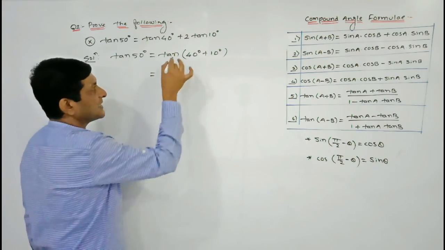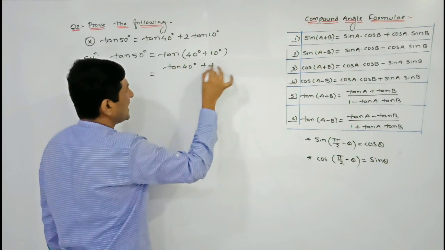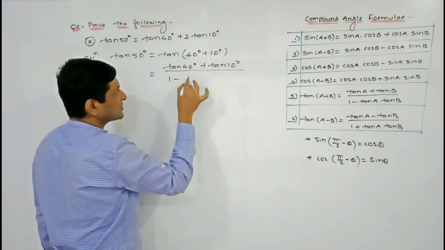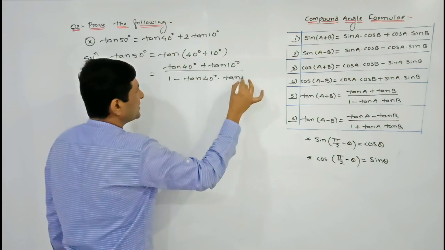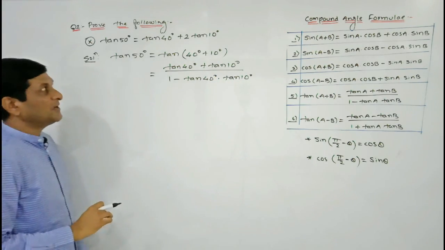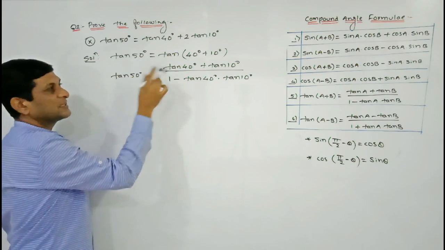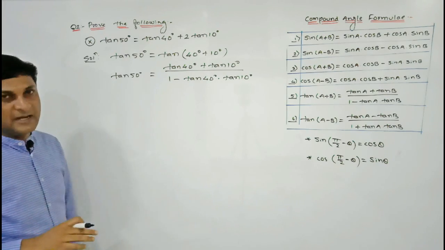Tan(A+B) equals tan A, which is tan 40 degrees, plus tan B, which is tan 10 degrees, divided by 1 minus tan 40 degrees into tan 10 degrees. So now the whole expression is in terms of tan 50 degrees, tan 40 degrees and tan 10 degrees, to be simplified to get our required result.